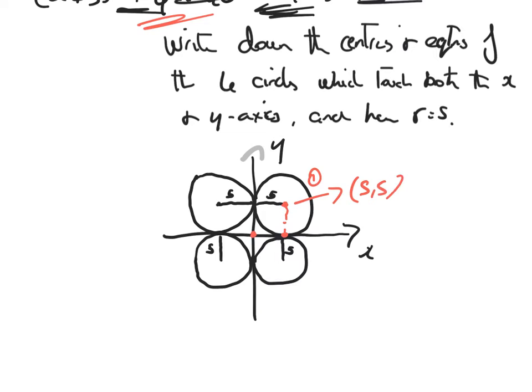That's the point 5, 5. This one is 5, minus 5. This one is minus 5, minus 5. And this one is minus 5, 5.